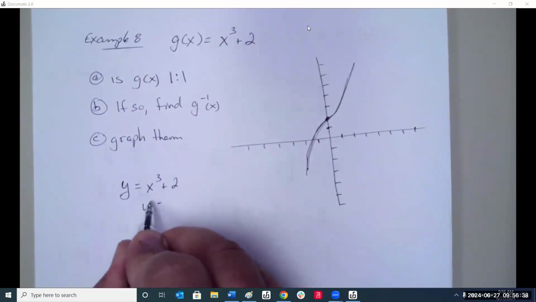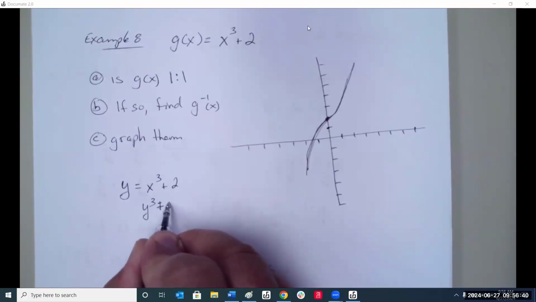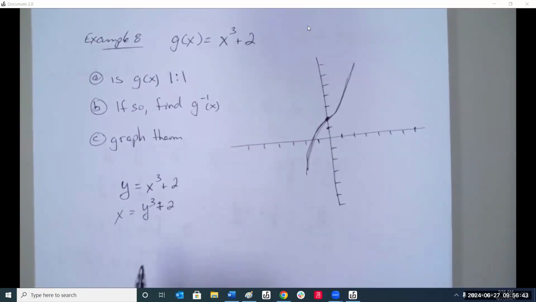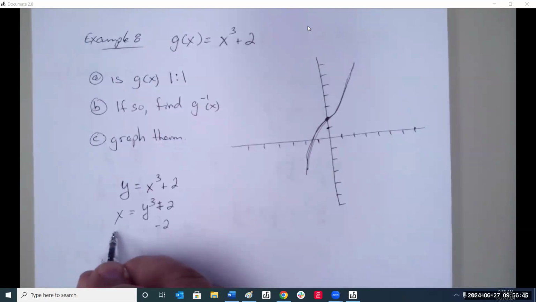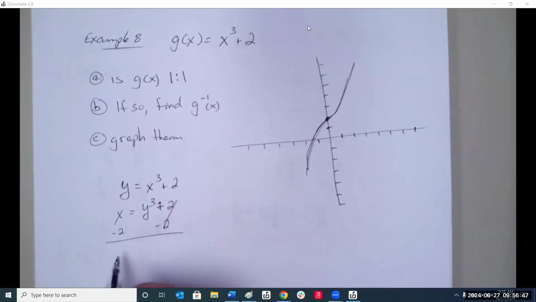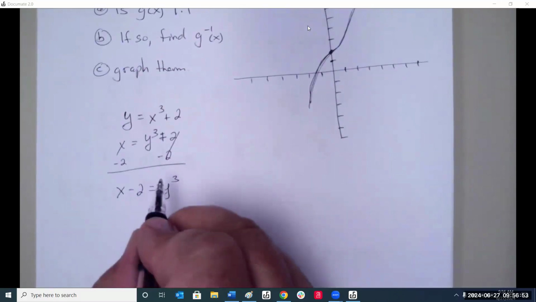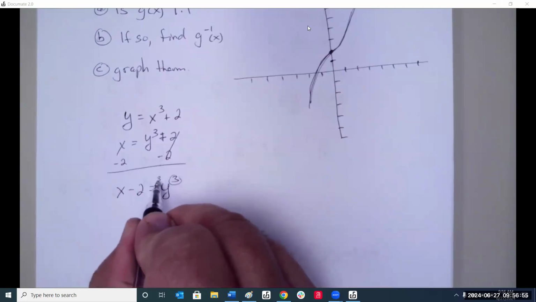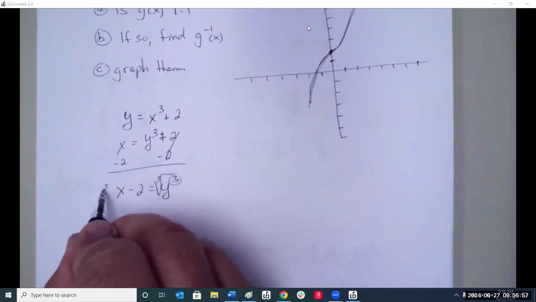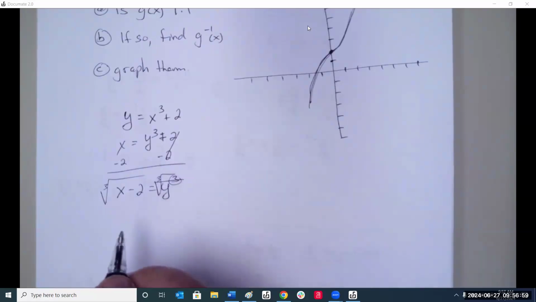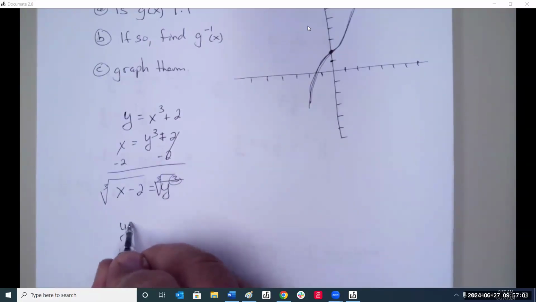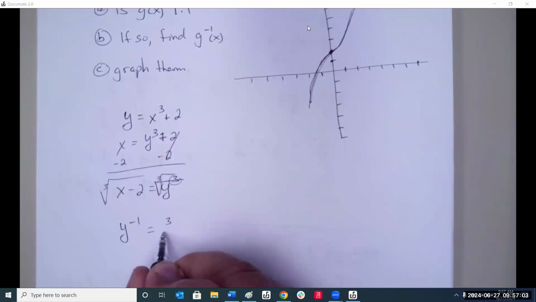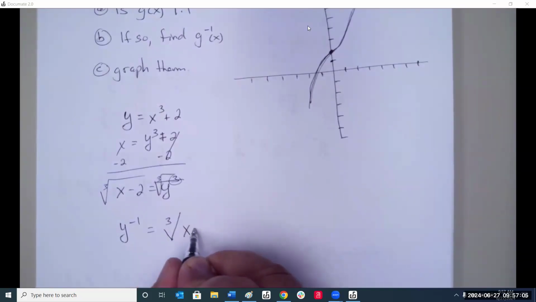So we have y cubed plus 2 equals x. Subtract 2. To get rid of that, we cube root both sides. So my inverse function is the cube root of x minus 2.